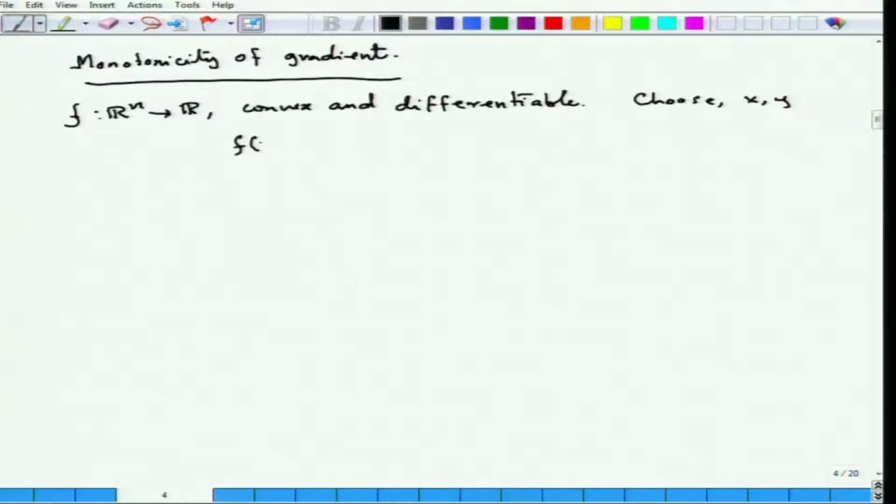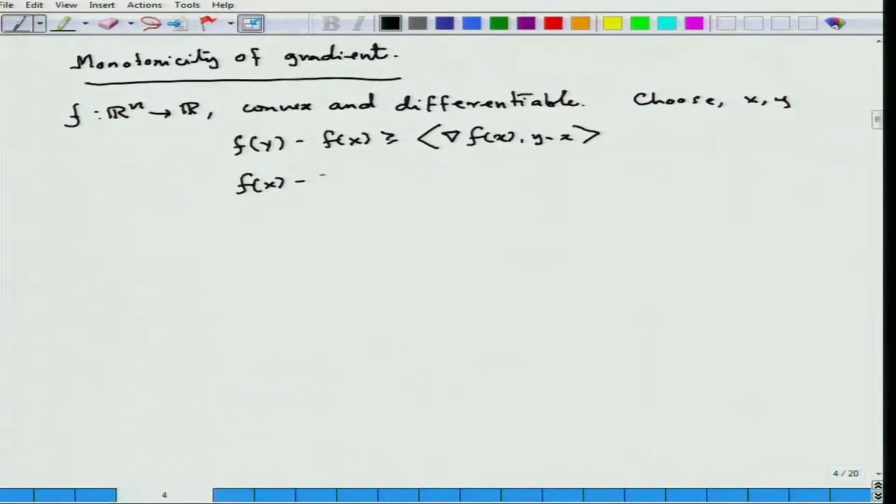Then I can write f of y minus f of x is greater than or equal to gradient of f x into y minus x, and then I can also write, just by swapping the positions of x and y, this inequality, because that inequality is true for any pair x y.